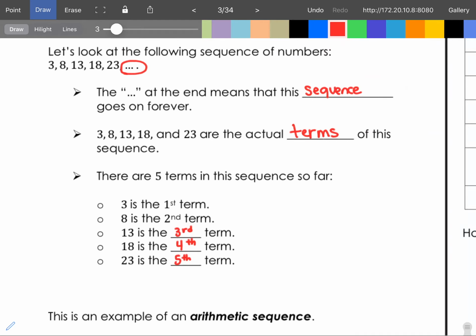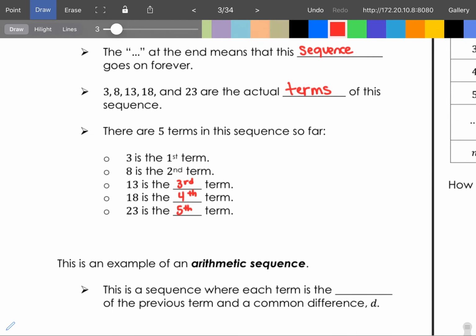This is an example of an arithmetic sequence. Now I know it looks like arithmetic, and I believe it's spelled the same, but it's pronounced differently when we're looking at these sequences of numbers. This is a sequence where each term is the sum of the previous term and a common difference. So this common difference that we call d here is important.